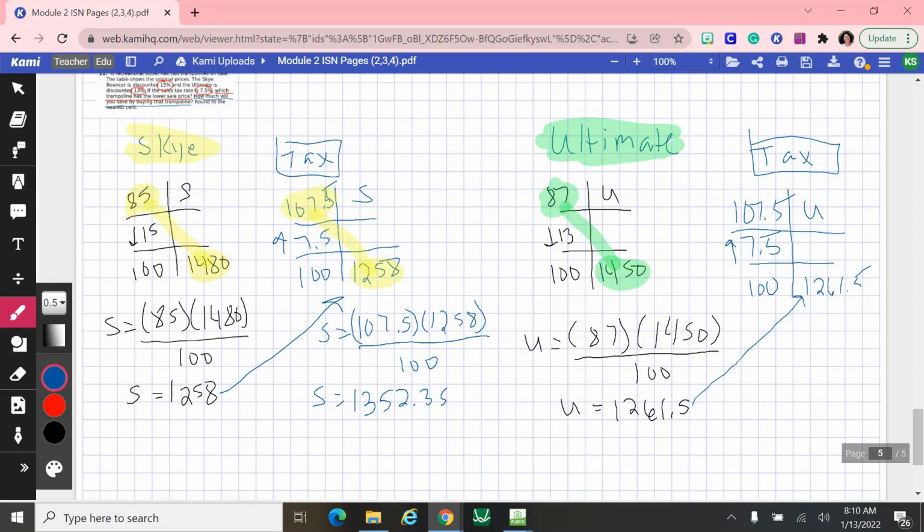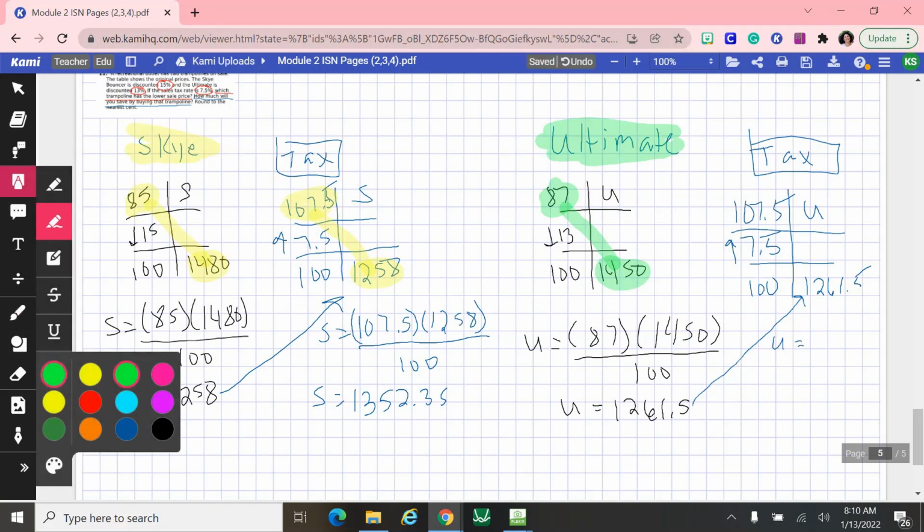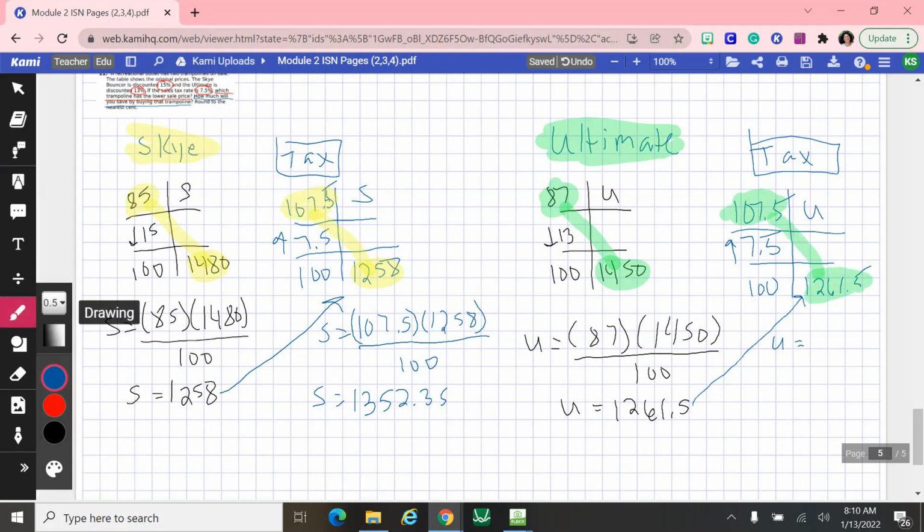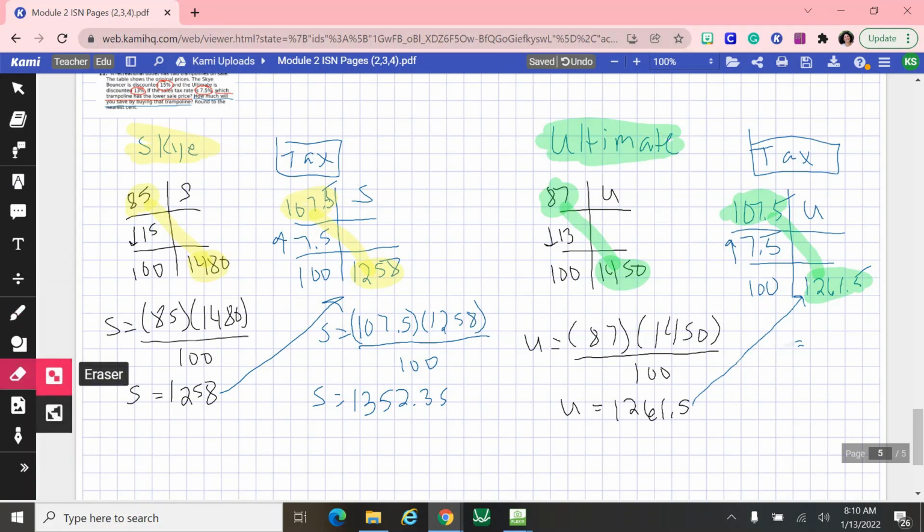1261.5, which means that our equation is going to be multiplying 107.5 times our original cost here. I don't think I have enough room to write that. Let me try a different spot here.